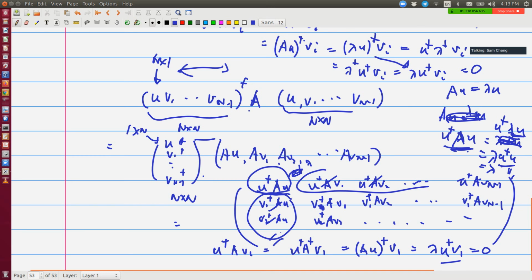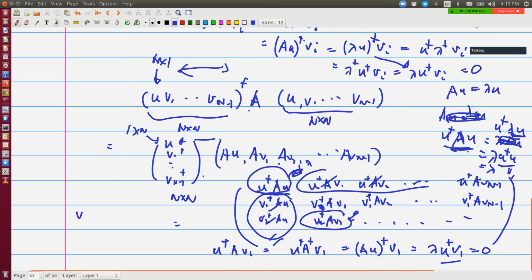And note that the remaining part should be Hermitian as well. For example, I take this term, V2 A V1.